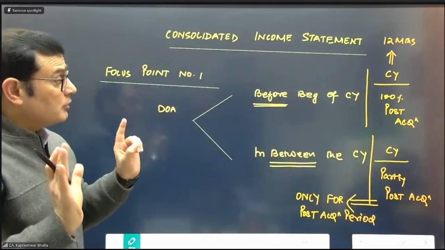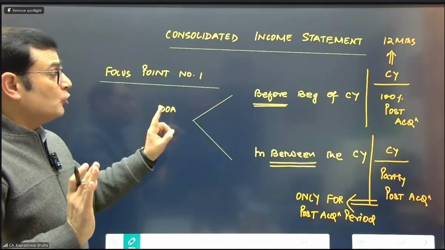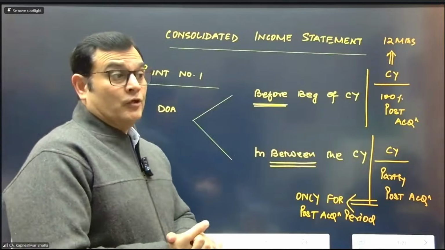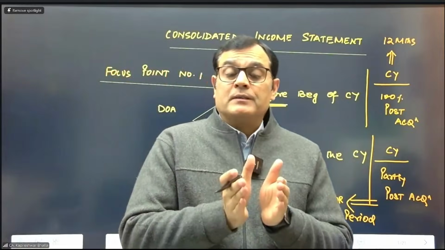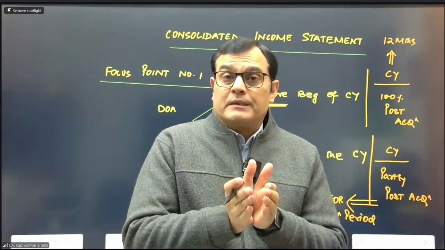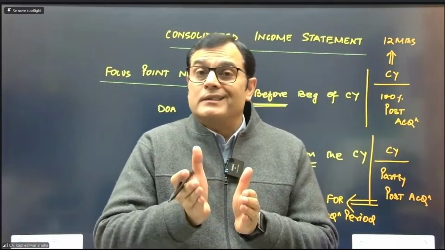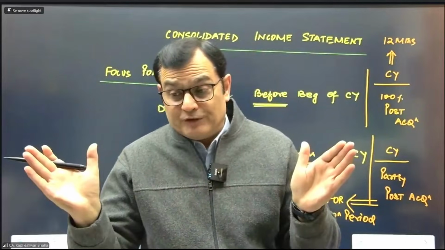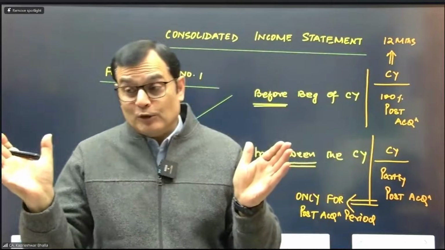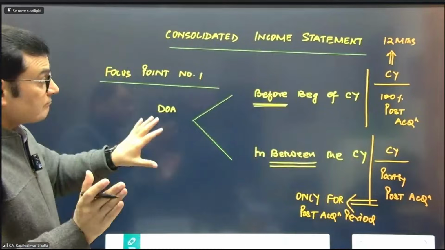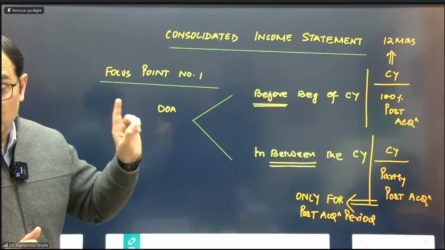So when you're going to start a question, the first thing is to notice the acquisition date, so that I'm very clear whether I am supposed to aggregate all the 12 months income and expense or only a certain number of months. Right, friends, I hope I stand clear on my thoughts. This is focus number one.